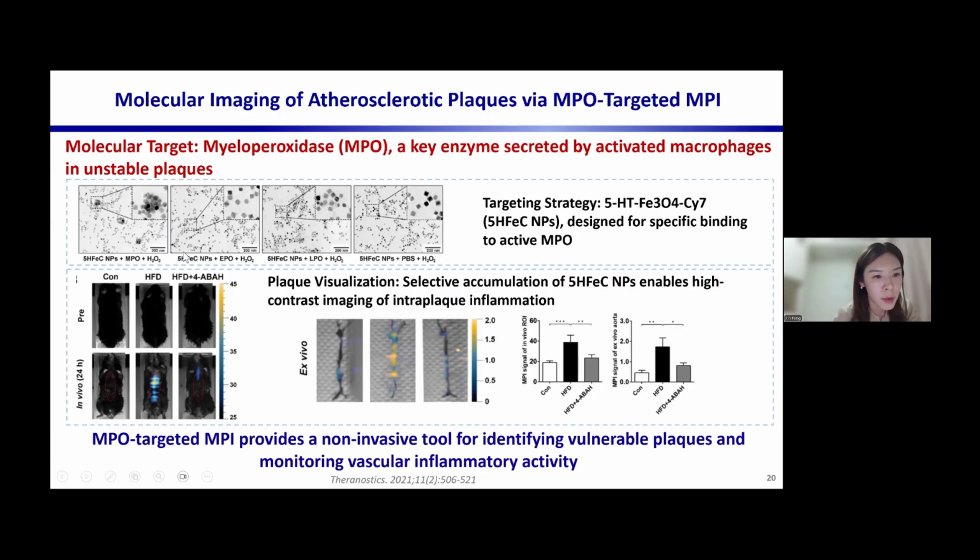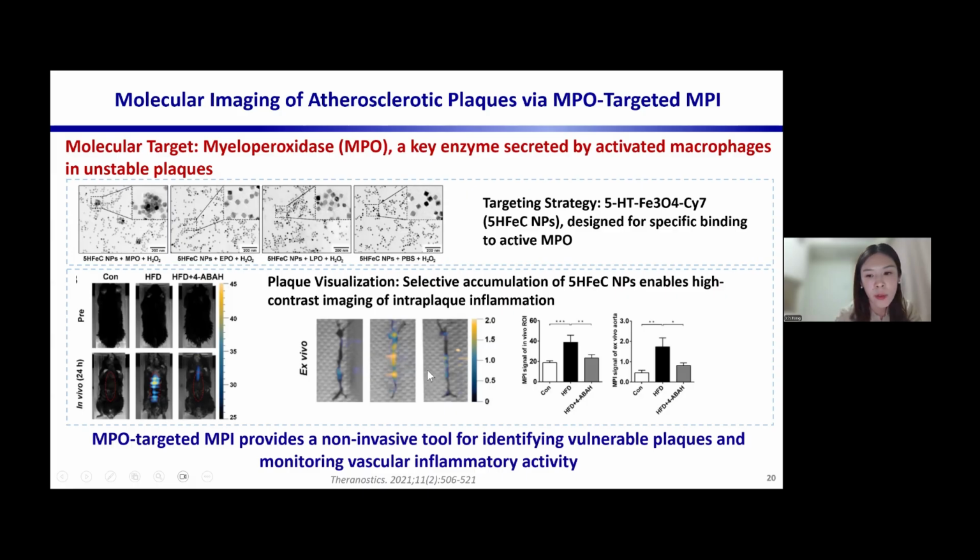As we can see from the electron microscopy image here, these serotonin functionalized particles undergo aggregation, specifically in the presence of MPO. Using this probe, we conducted MPI imaging in atherosclerotic mouse models, and our results show that MPI can accurately localize the plaques both in vivo and ex vivo.